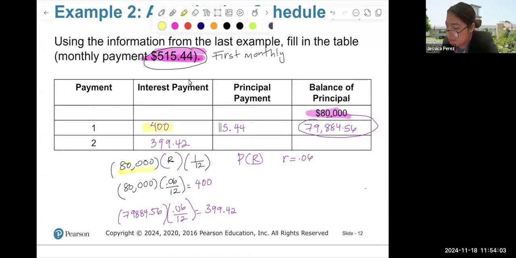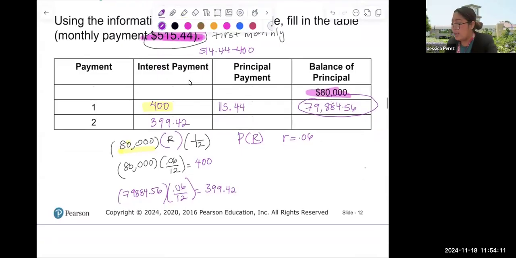So then if we subtract 400 from 515.44, that's going to be 115.44. Now, if we subtract 115.44, which is the principal amount, from 80,000, let's go ahead and do that.